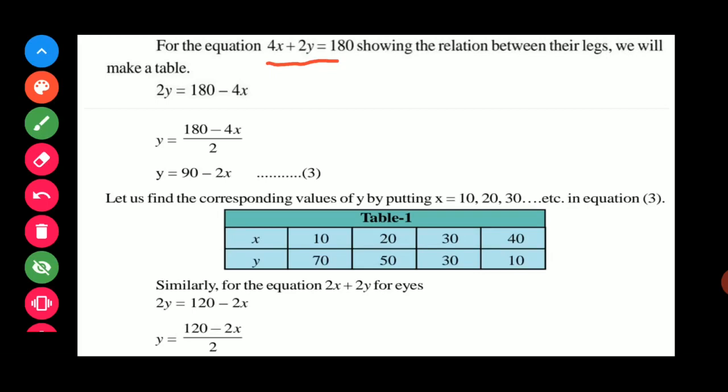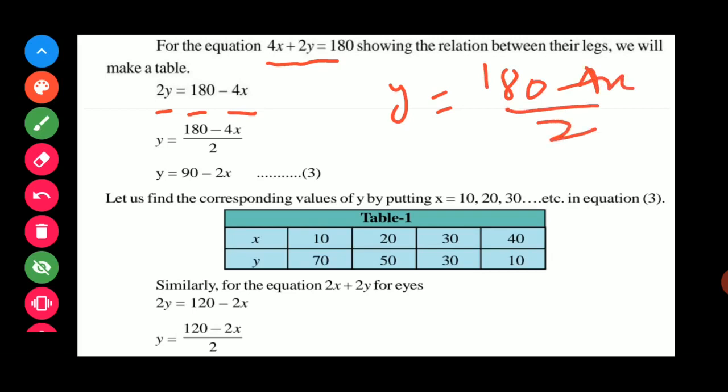So we get 2y is equal to 180 minus 4x. So we get y is equal to, divide by 2, so it is y is equal to 180 minus 4x divided by 2. So that is your first equation.